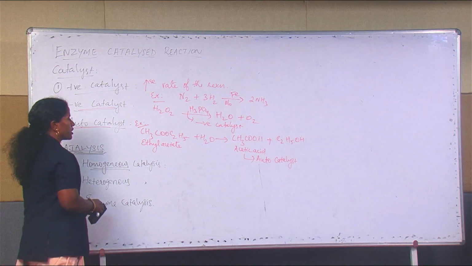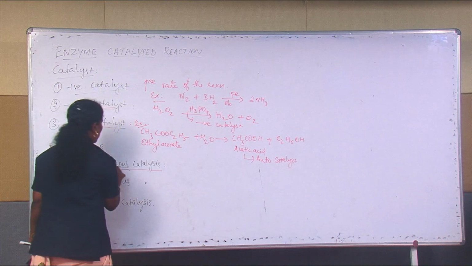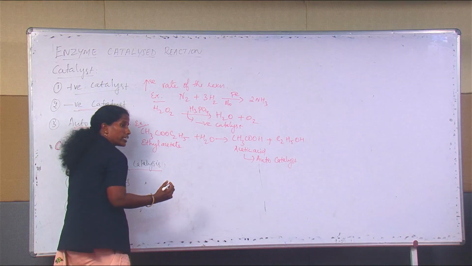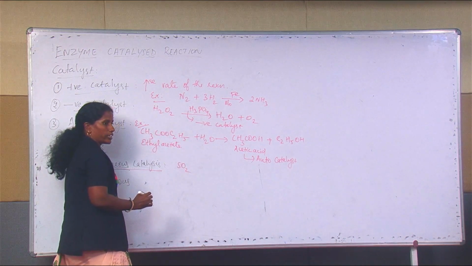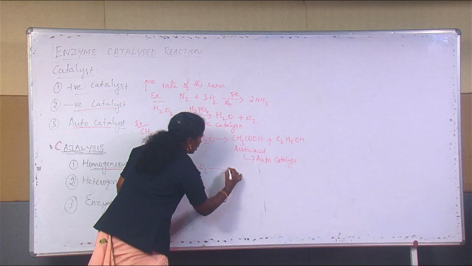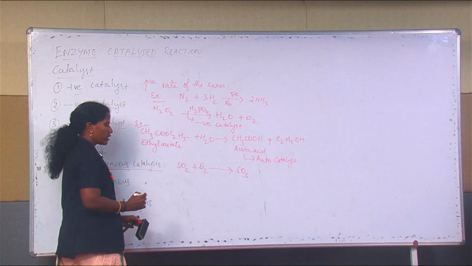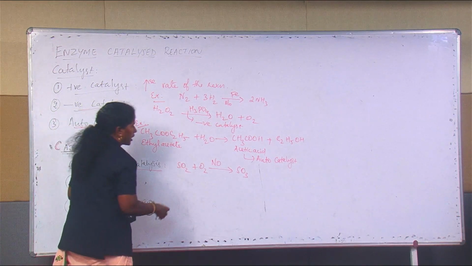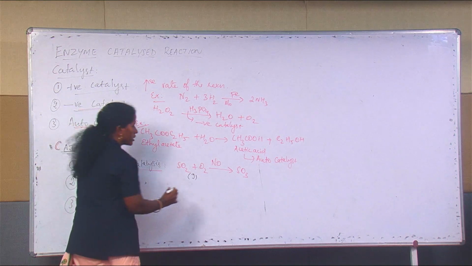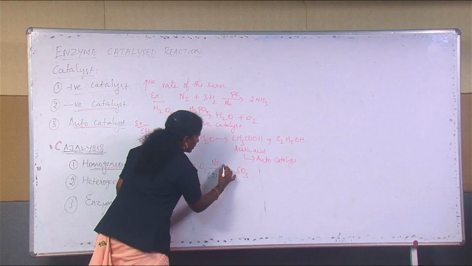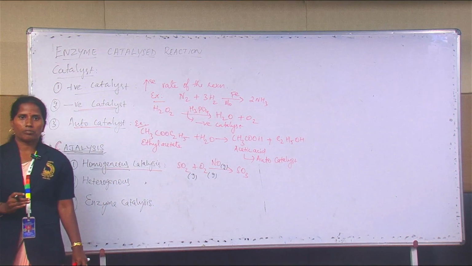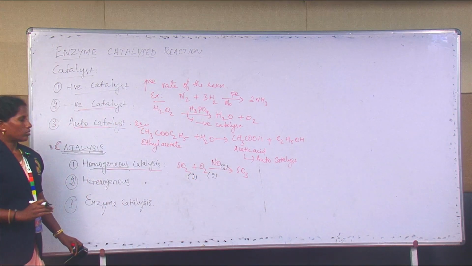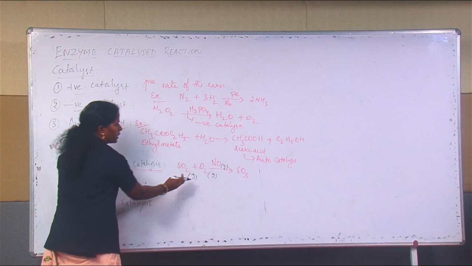Examples for homogeneous catalysis is oxidation of sulfur dioxide with oxygen to form sulfur trioxide in presence of NO. Here sulfur dioxide is in gas phase, oxygen is in gas phase, and the catalyst is also in gas phase. So all are gas phase reactions.